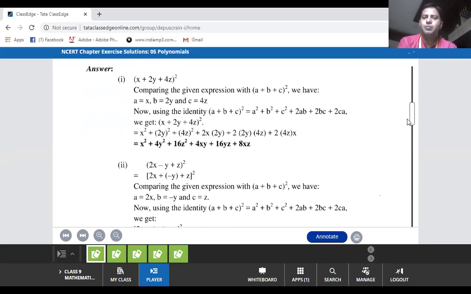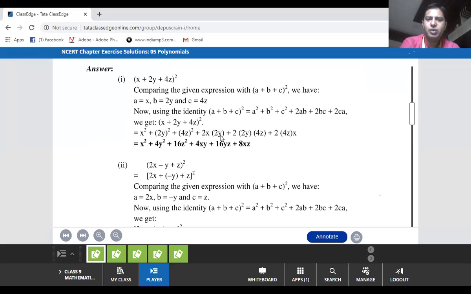Now we simply substitute the values of a, b, and c in the identity: a square plus b square plus c square plus twice ab plus twice bc plus twice ca. While substituting these values, instead of a we substitute x, so a square will be x square, b square will be 2y whole square, and instead of c square we'll have 4z whole square.